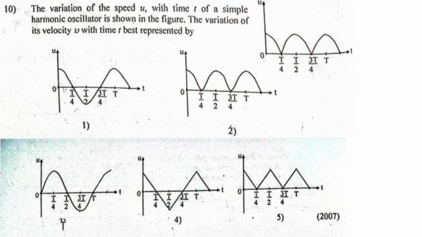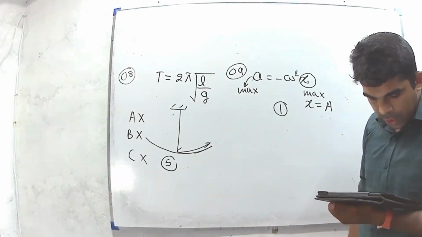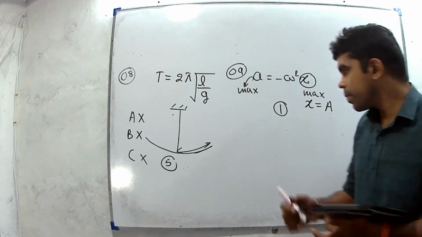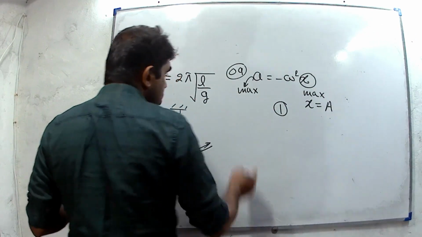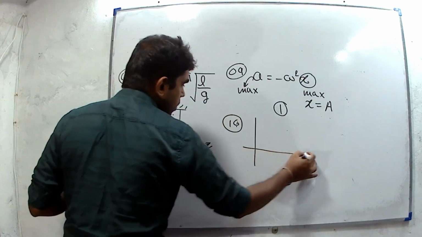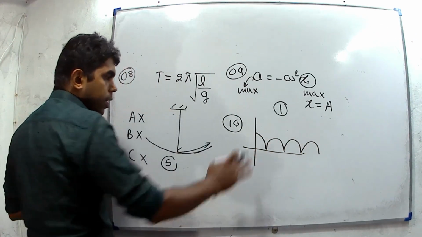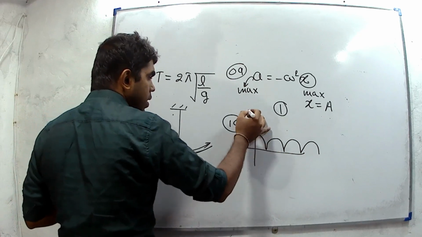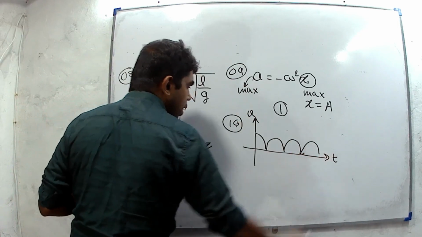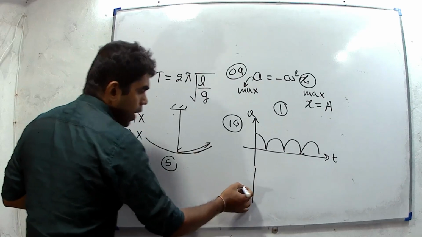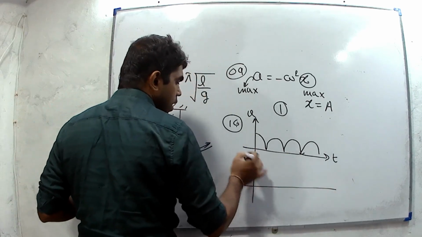Then 10. The variation of speed u with time of a simple harmonic oscillator is shown in the figure. The variation of its velocity with time is best represented by. They have given speed. It is a scalar. We have to consider only the first direction. Speed is a scalar. Now we have to get the velocity. Velocity is a vector.